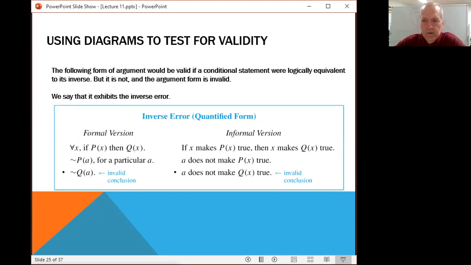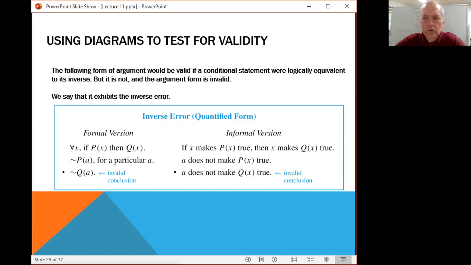So in this particular error, you have for all x, if p of x then q of x, and then we have not p of a, for the particular element a, p is not true. We can't conclude that it does not have the property q, even though a does not have the property p.